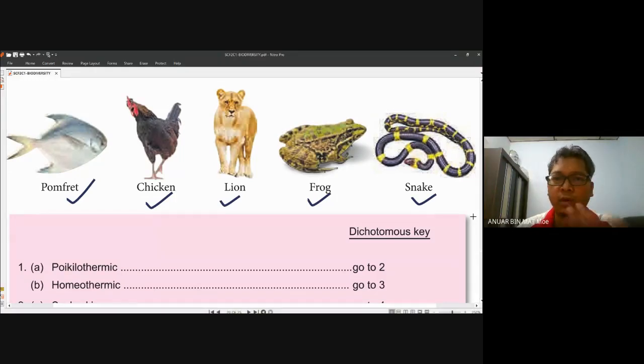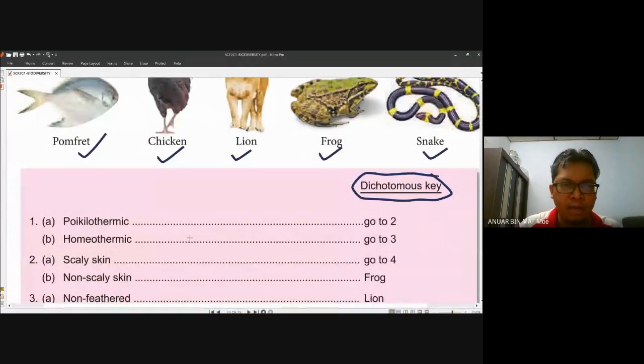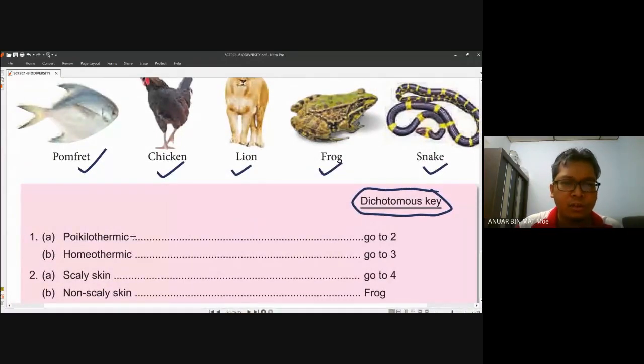So how do we need to classify the animals? By using a dichotomous key. This is as simple a dichotomous key as we can learn. Okay, example here. Key number one: poikilothermics and homeothermics.